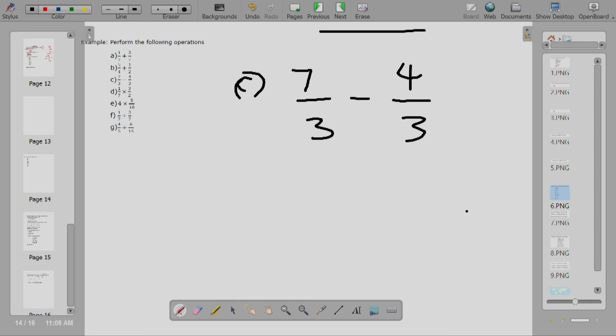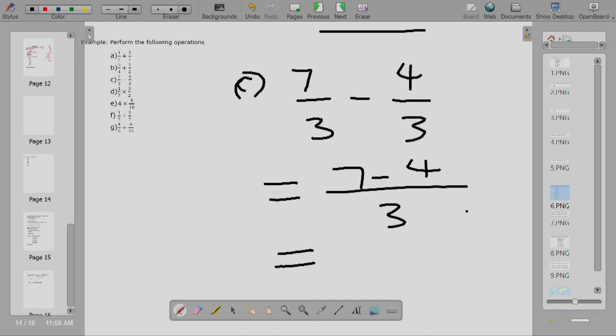These two fractions can be subtracted as follows: 7 minus 4 over 3, which is equal to 3 over 3, which is equal to 1. So the answer will be equal to 1. If you subtract 4 over 3 from 7 over 3, the answer will be equal to 1.